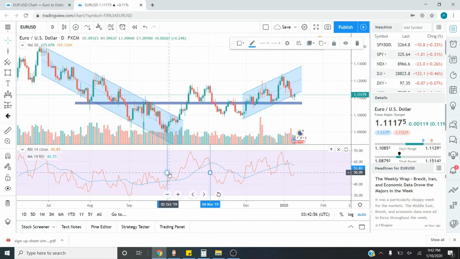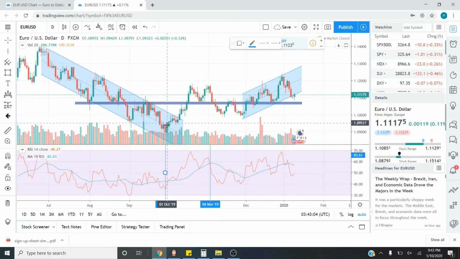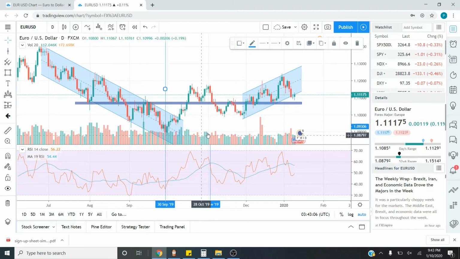Cool. And then you can even move it around. There we go. So here we can see a pretty good opportunity to go long that happened from our RSI MA strategy.